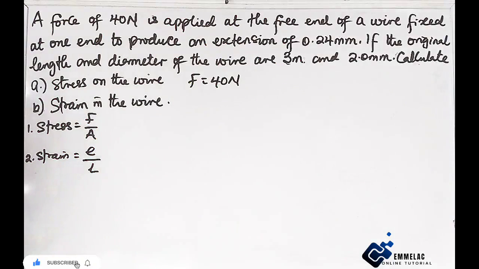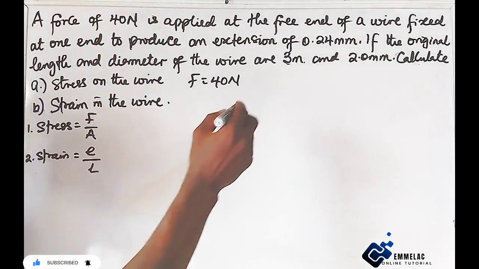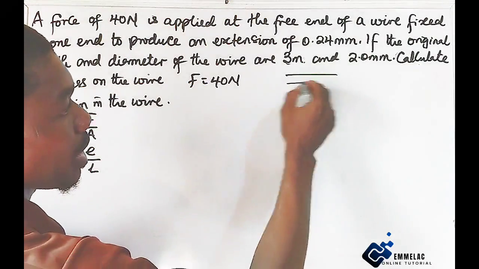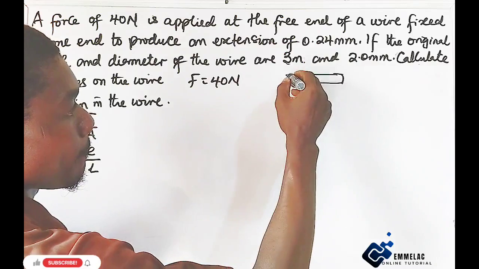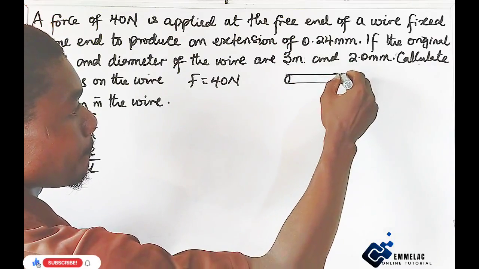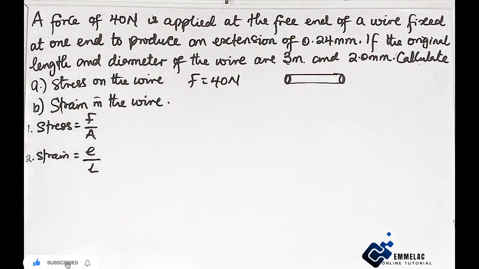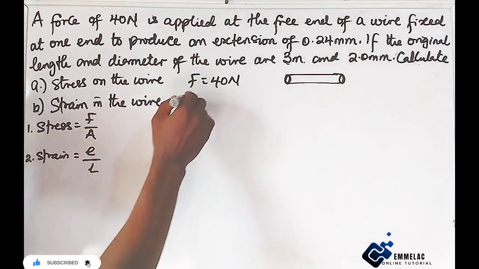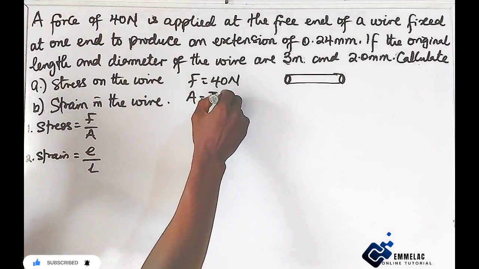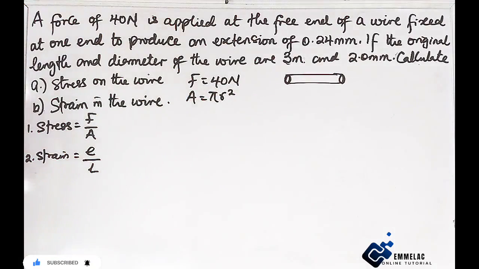Since it's a wire, it takes the shape of a circle. So the area here will be pi r square.